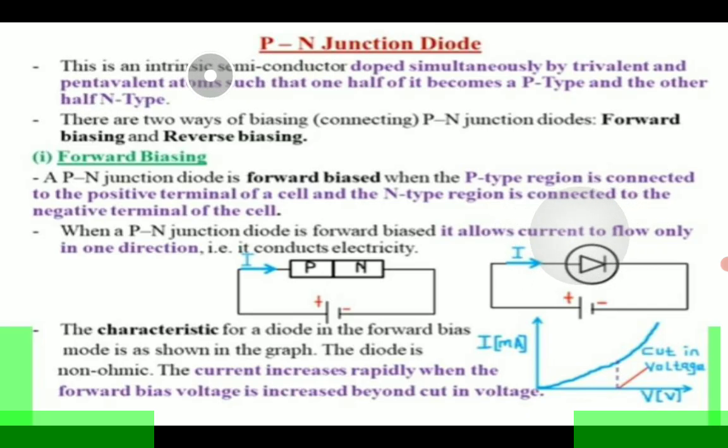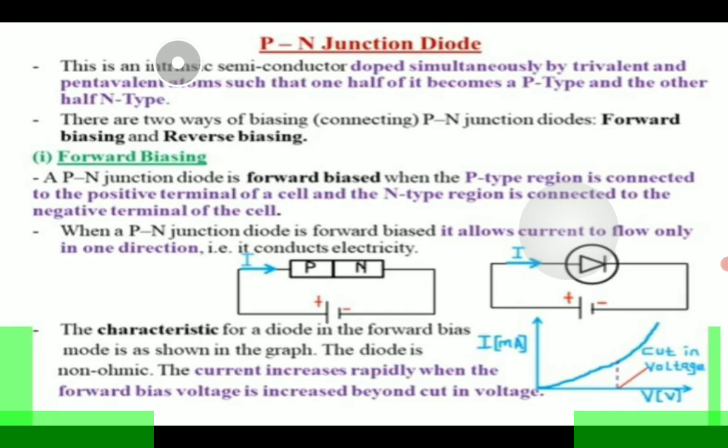Take note, it is an intrinsic semiconductor which is doped simultaneously by trivalent and pentavalent atoms, such that one half of it becomes p-type and the other becomes n-type. Let me break this down for you.